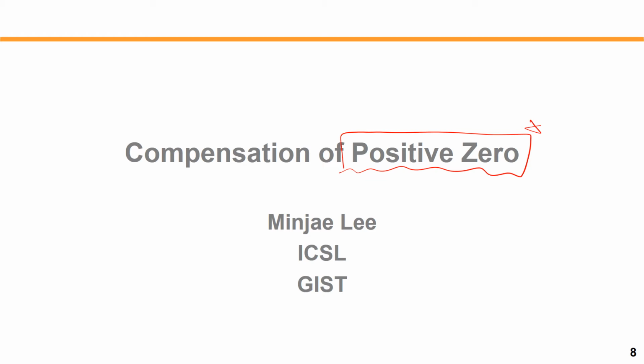Let's take a look at the effect of the positive zero in more detail, and also we have to compensate that positive zero because it results in additional phase shift of 90 degrees. So we have to avoid that. We have to remove the effect of the positive zero. That is called the compensation of the positive zero. Okay.